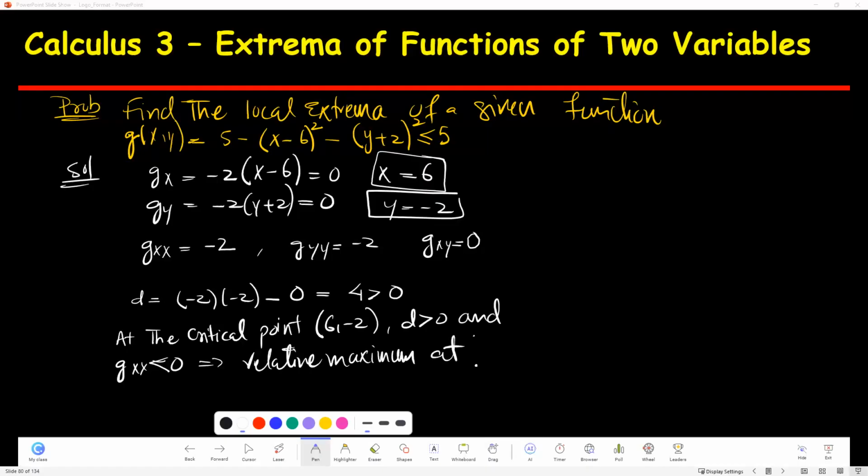And if I want the function value, I can also write 6 comma minus 2. If I substitute 6 comma minus 2 in the function, everything becomes 0 except what's left over, which is 5. This is given here, so I'm going to just write 5. So really this is the function value at the given point, which is the one we just found, 6 comma minus 2.